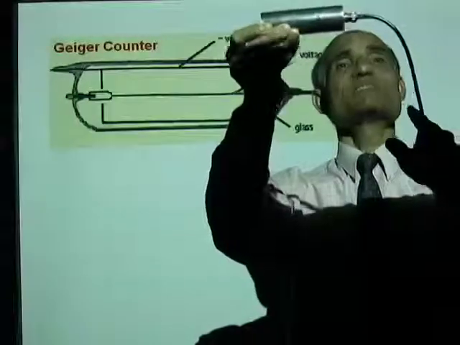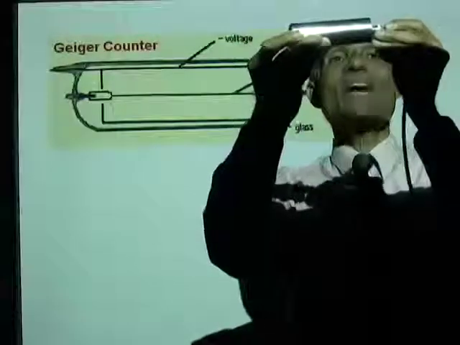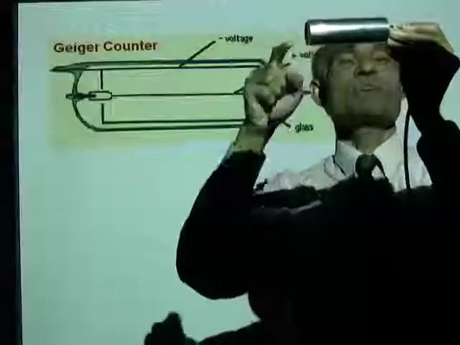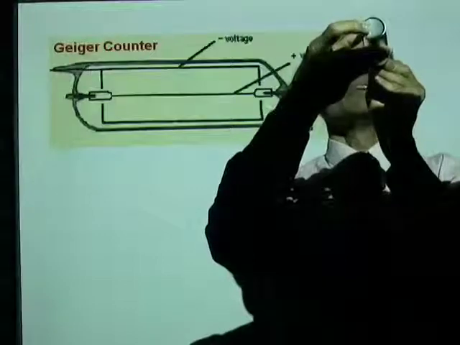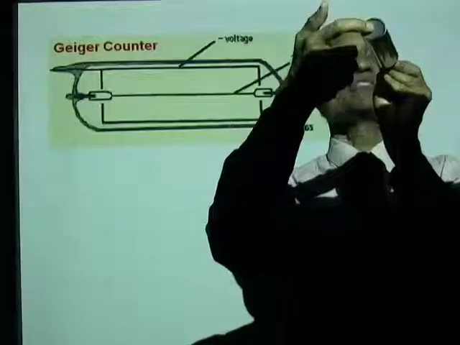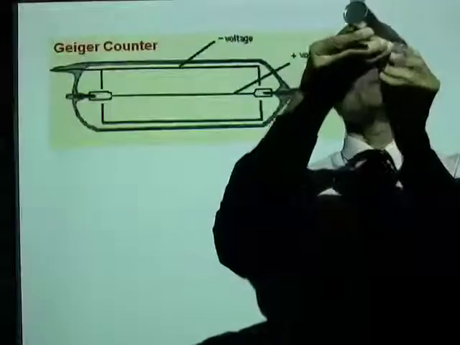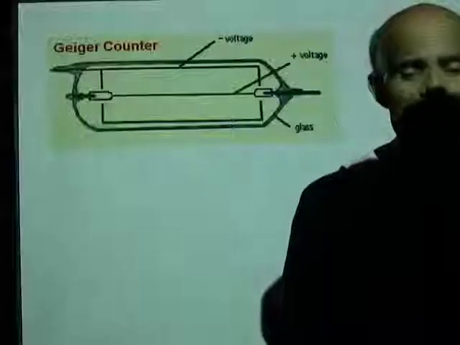Also, this part of it is connected to a scalar which will count the number of ionizations that happen. When a radiation goes through, there's a window in here, you can see it here. When a radiation is allowed to enter this window, if it generates an ion, it will be immediately detected and the scalar will count it.